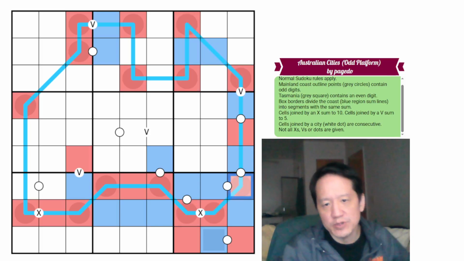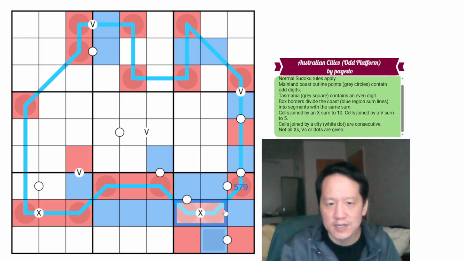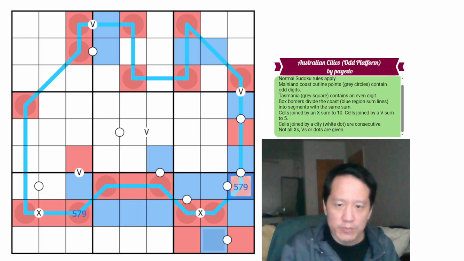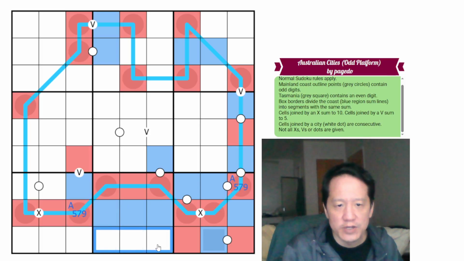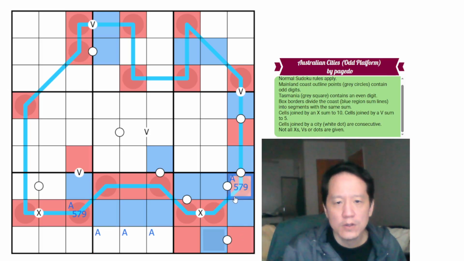So this has to be 5, 7, or 9. And actually, this has to be the same digit as this digit, because this adds up to 10, and this adds up to 10. These are the same sum, no matter what. So this has to be exactly the same value. So we'll mark that as an A, I guess. This is A, this is A, so A is one of these 3. It's either 15, 17, or 19.